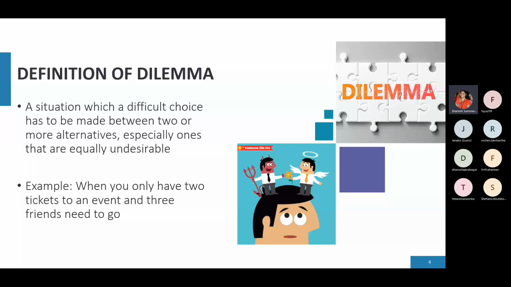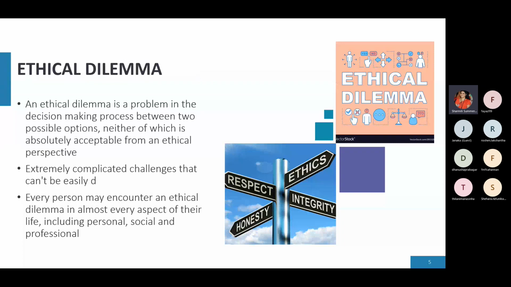Then we'll move on to the ethical dilemma. So what is an ethical dilemma? Now both ethics and dilemma are coming together. A dilemma could be undertaken without ethics as well. In the previous example, without knowing any ethics, whether it is good or bad, right or wrong, you can take one friend and leave the other friend without considering his or her emotions.